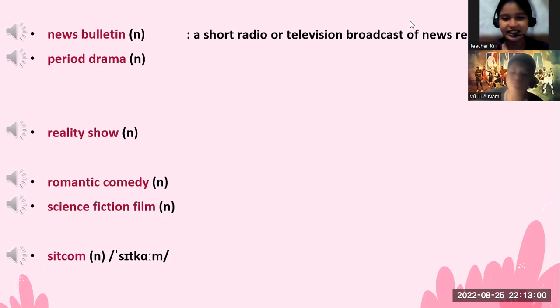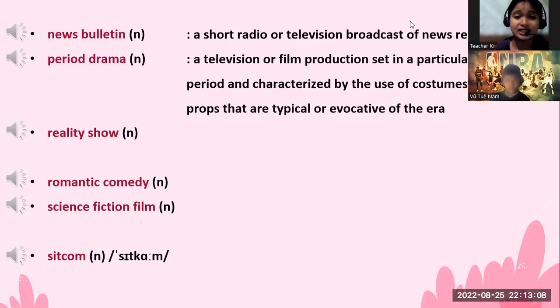Okay, next is period drama. Period drama. Okay, so a period drama is a television or film production set in a particular historical period and characterized by the use of costumes, sets, and props that are typical or evocative of the era.